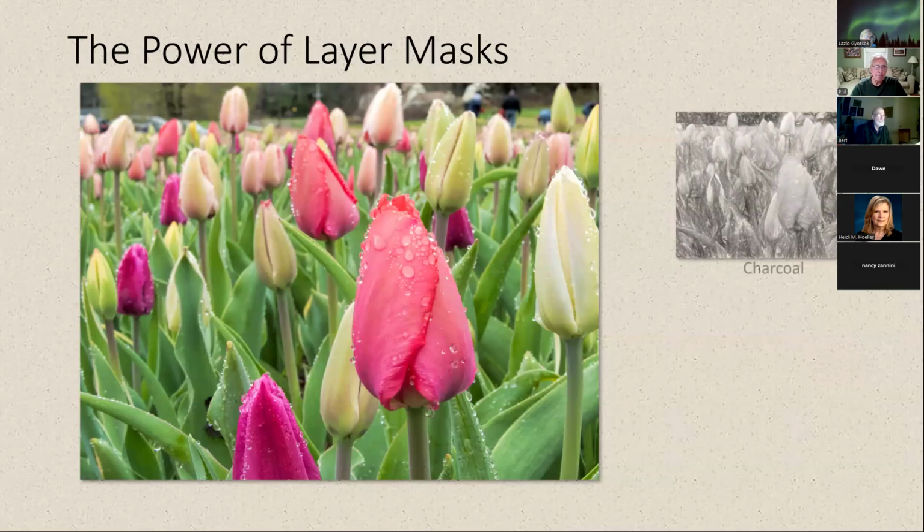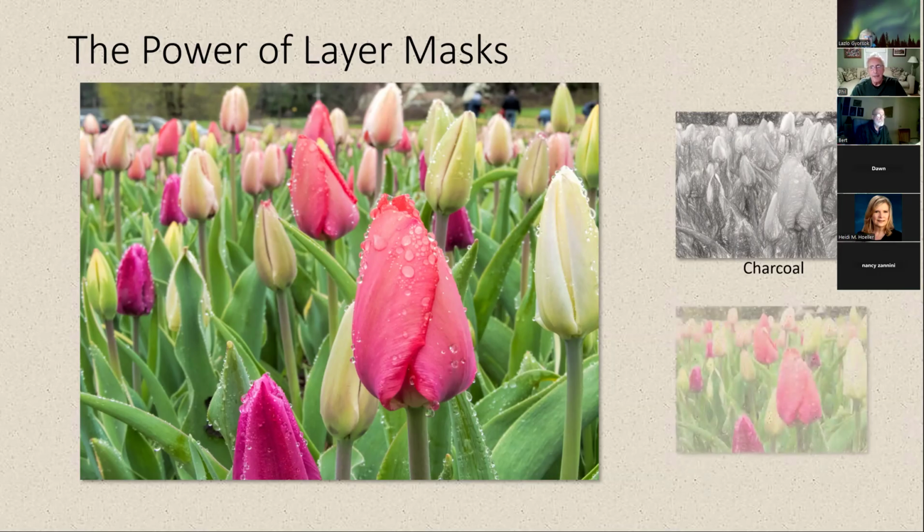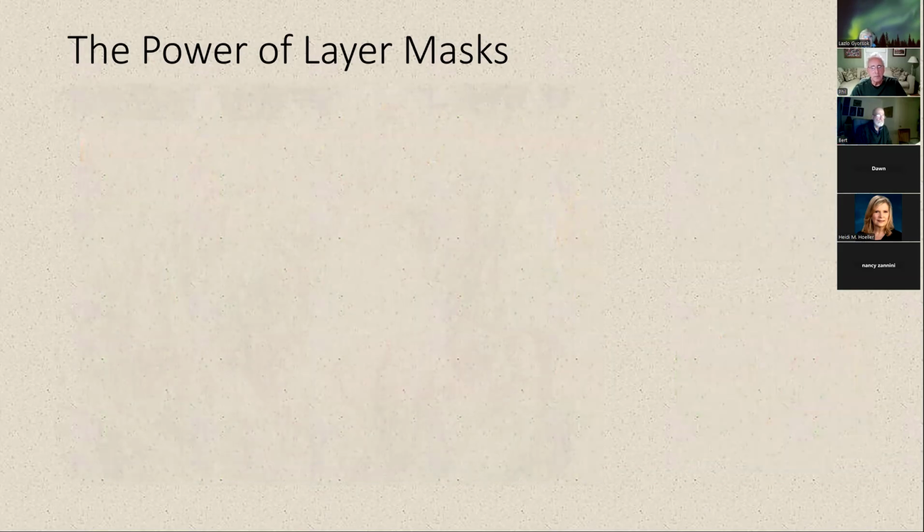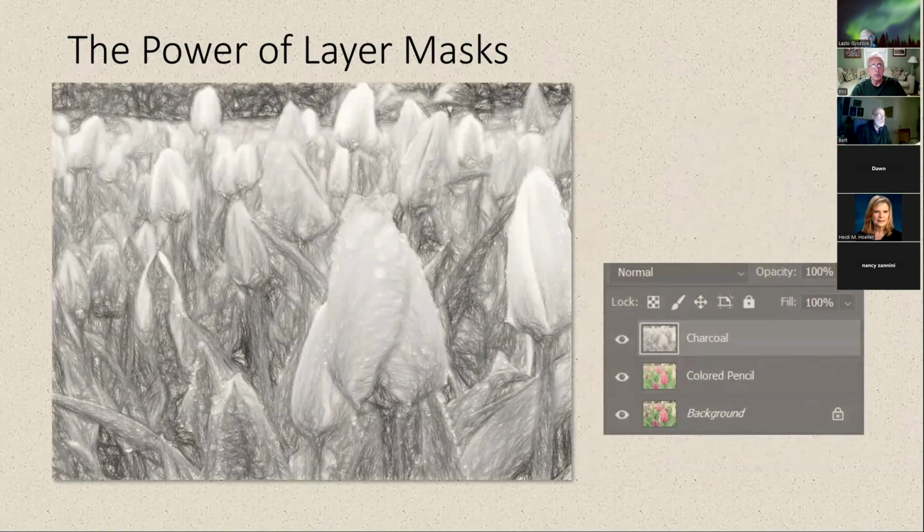So I went into Topaz Studio 2 and I saw this effect called charcoal, and this looks like the starting point of a nice image that I wanted to start with. There was another one called colored pencil, and I thought between these two and the original, I've got the makings for something that could work.